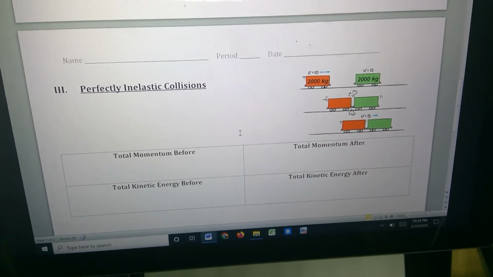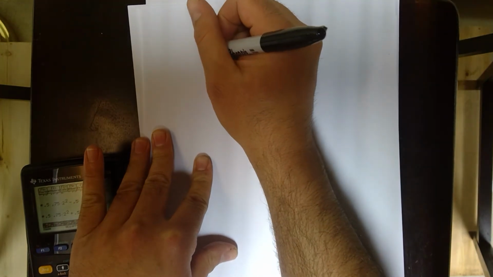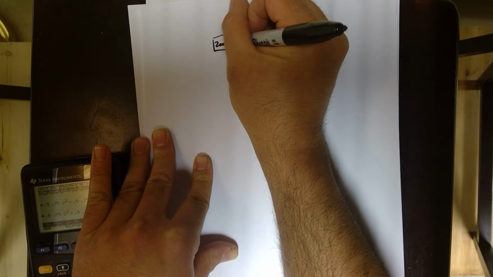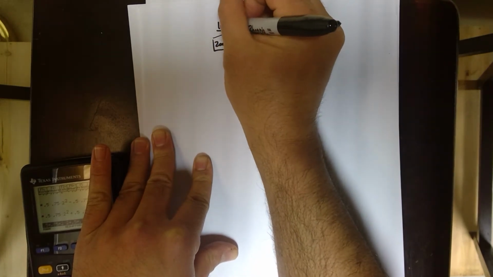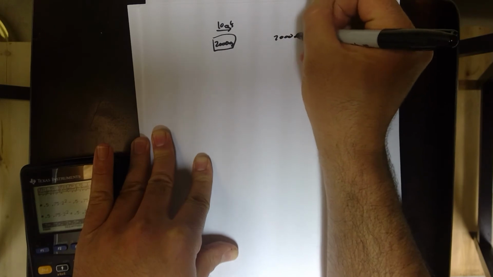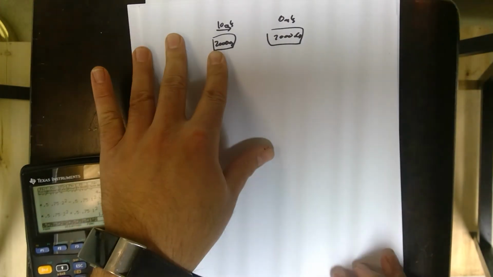They're going to lock, they're going to move, and what they end up moving with is a slower velocity in the end. So here we go, 2,000 kilograms coming in at 10 meters per second. 2,000 kilograms not moving at all. So that one has all the momentum.